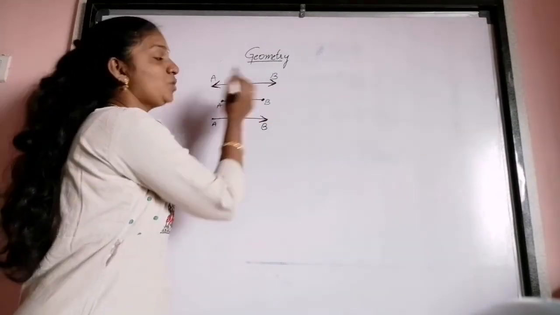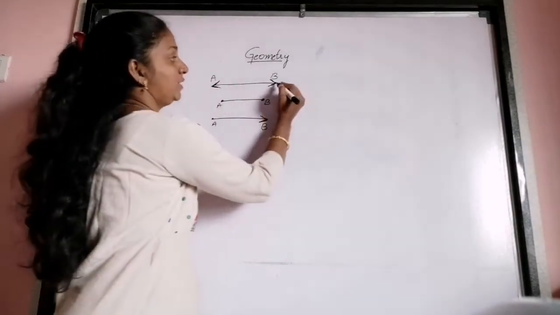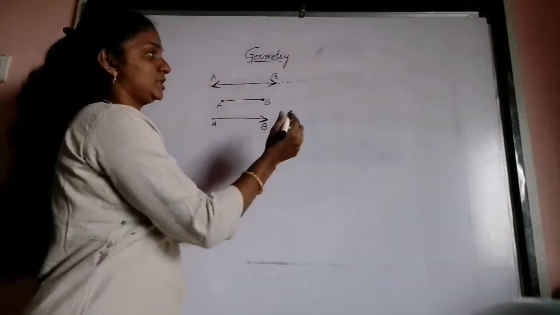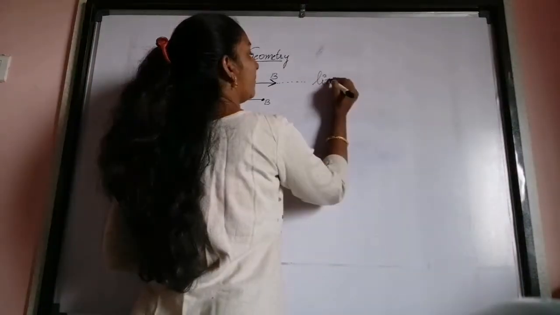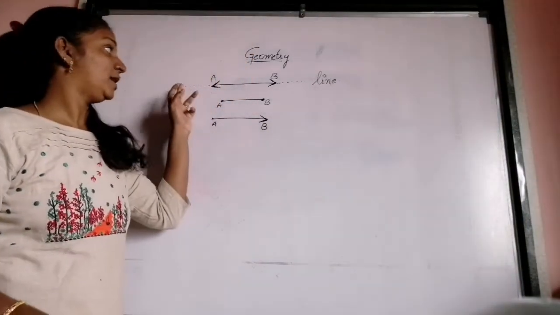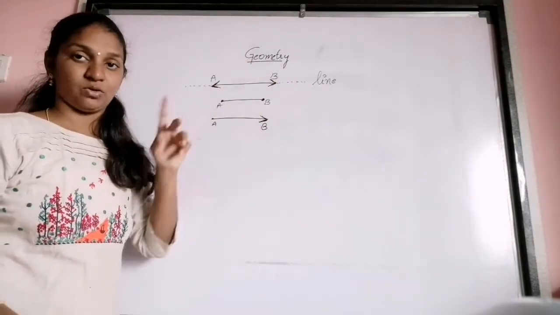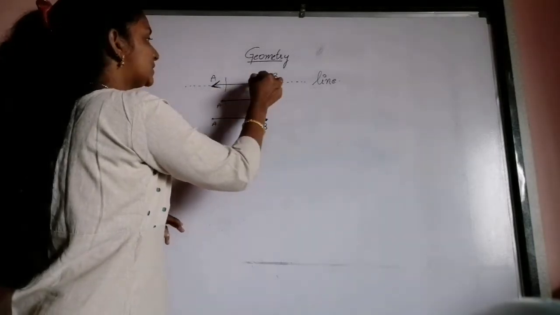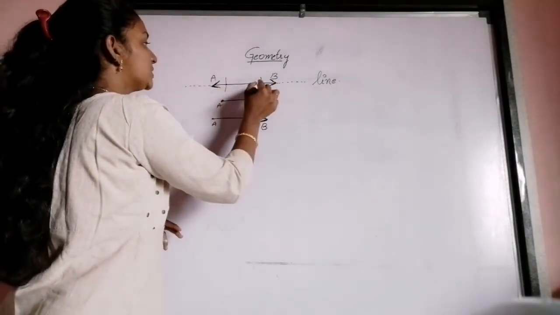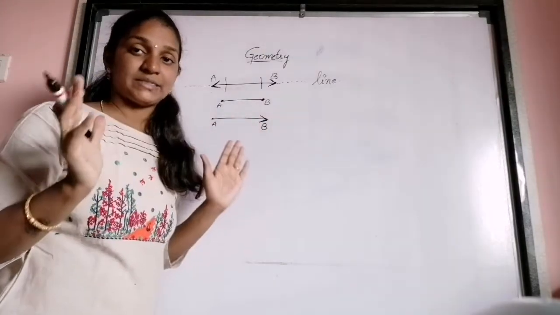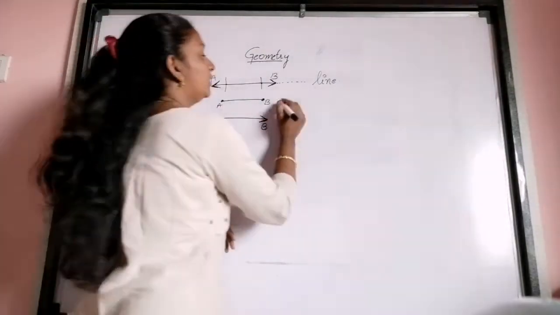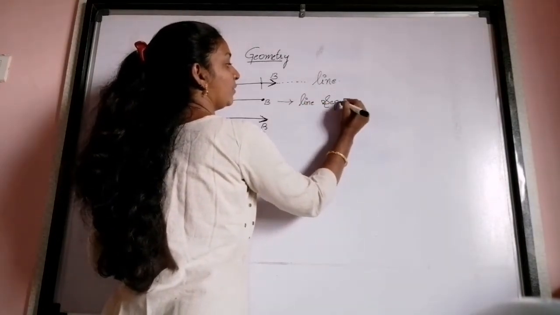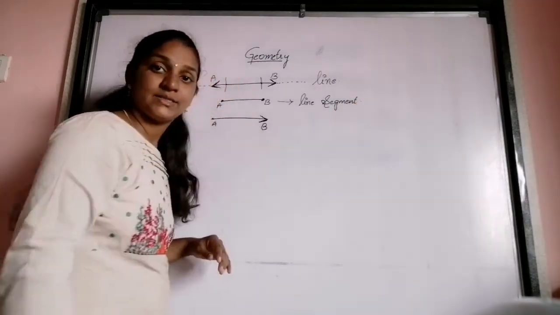If there are two arrows at both ends, it means there is no ending point. It will go on like this. This is called a line. A line which has no ending is called a line. If we take a part of this line that has ending points, where both ends have an ending, that is called a line segment.